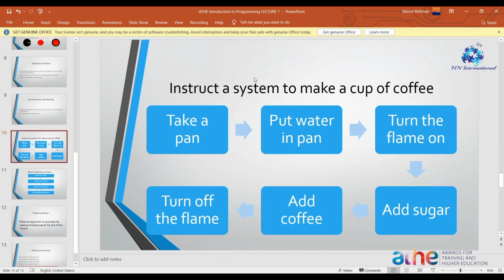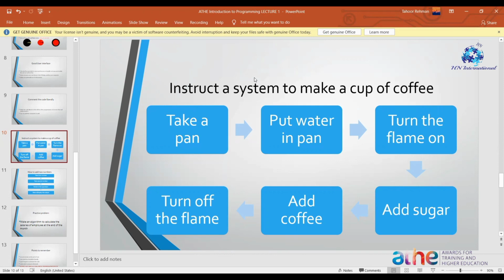They can do the wiring, then check whether it's working, then do the testing, and then approve that it works. Basically, these are the steps.